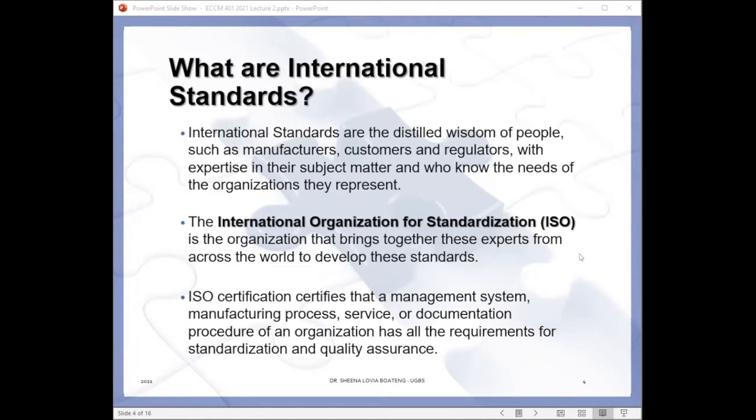So a company is not mandated to get ISO certified, but it is in the company's best interest to get ISO certified, because the international standards that are brought out by the ISO organization help a firm who gets certified to be recognized all over the world as adhering to best practice.